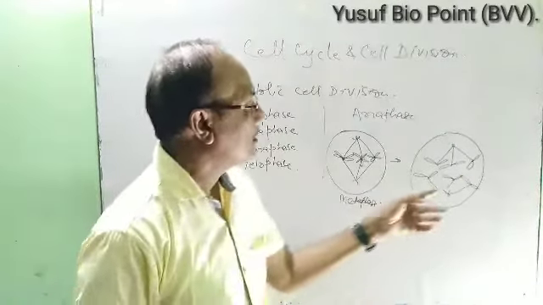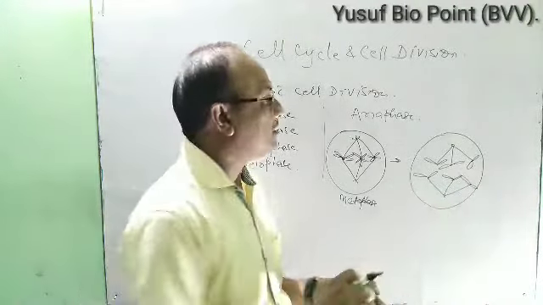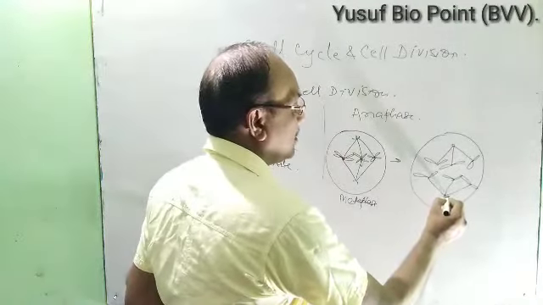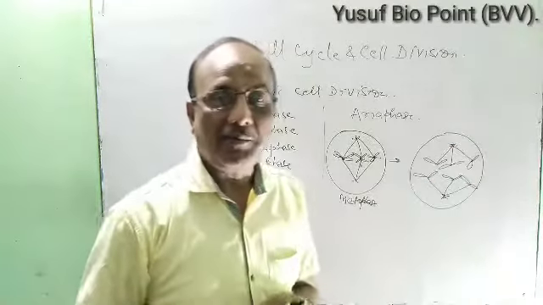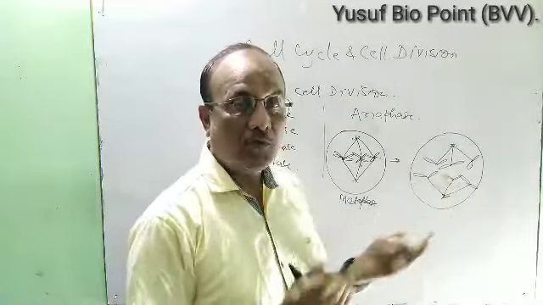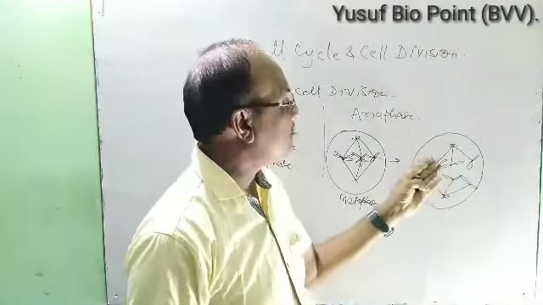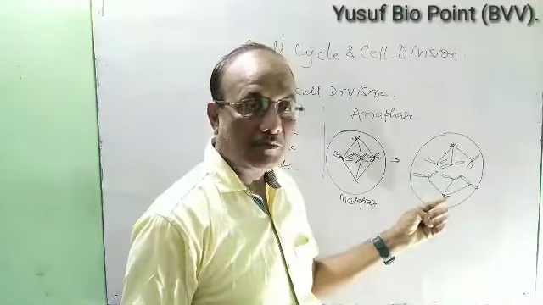So there is a constriction in the spindle towards the pole, means the spindle becomes shortening, and that's why the chromosomes split and the chromatids go towards their poles.